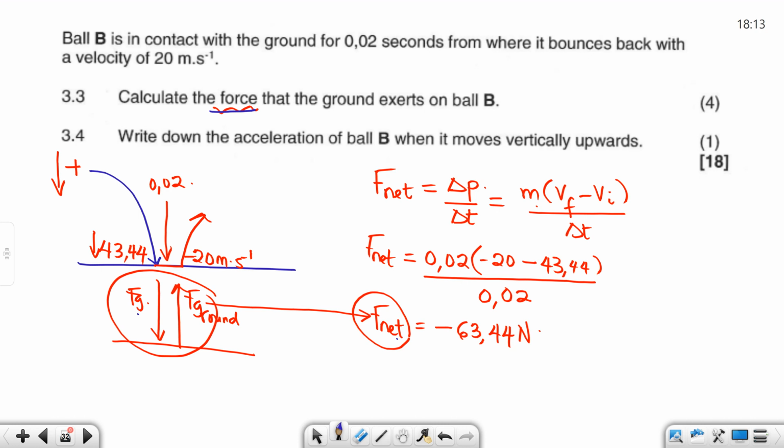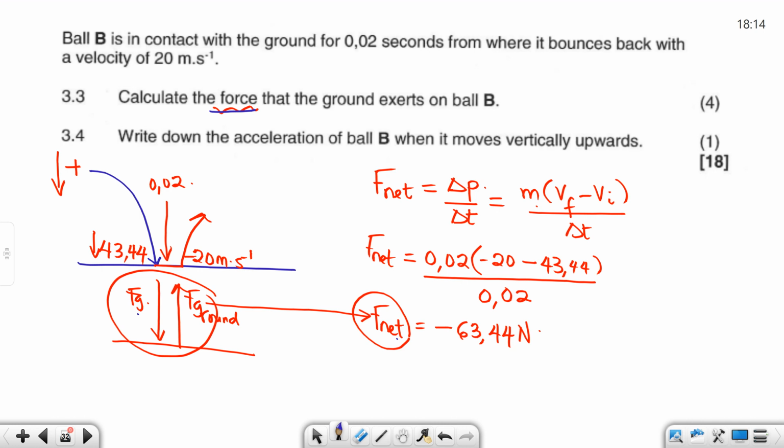Okay. So what we are saying is the object bounces back up, which means there is a force acting on the ball which is greater than the force with which the ball hit. If they were equal, the ball would not bounce back up, because F net would be equal to 0, and if acceleration is 0, the object might not be moving. That's one.